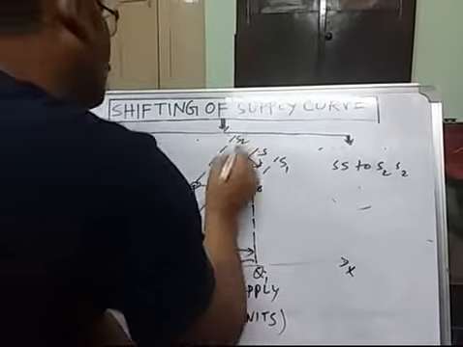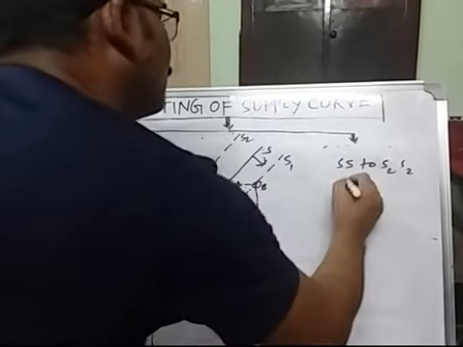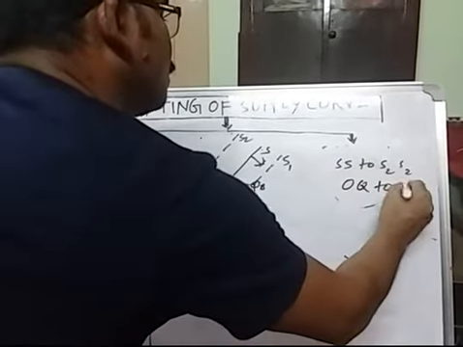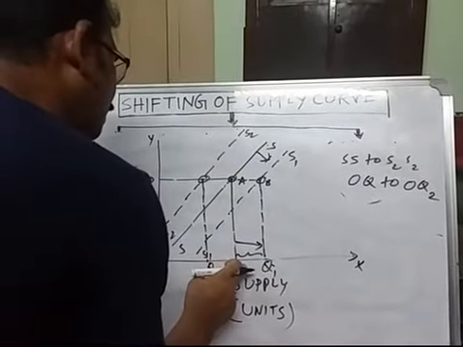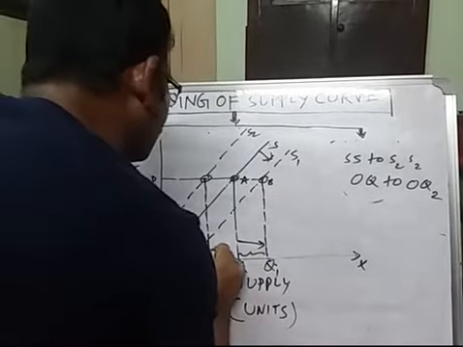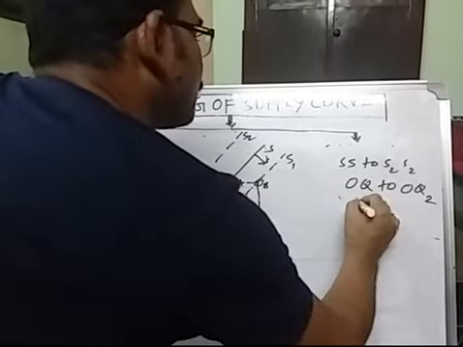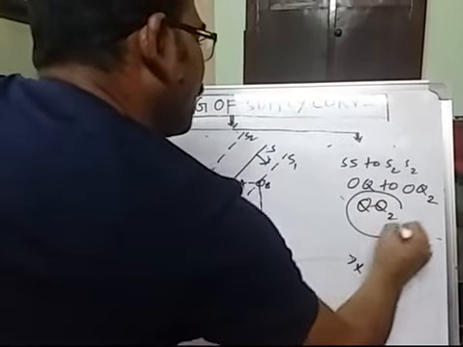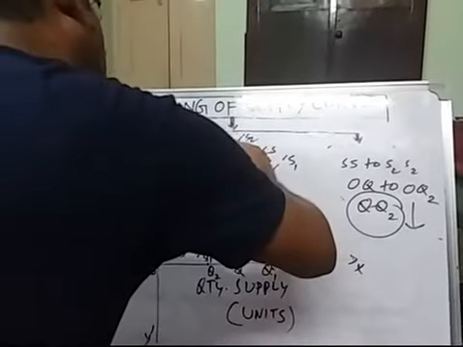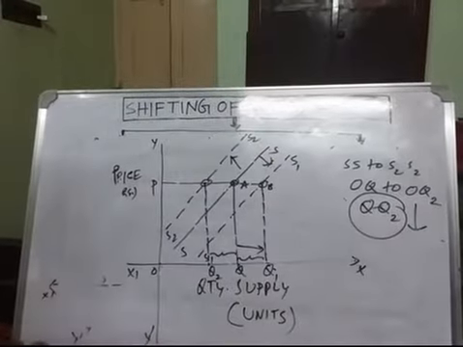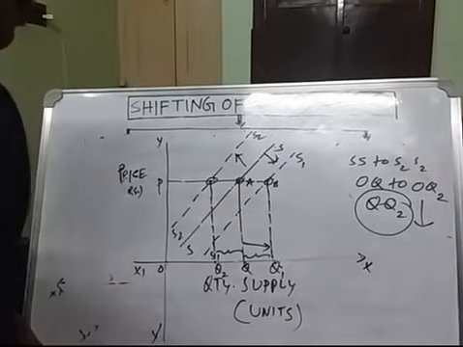SS to S2, quantity supply reduced from OQ to OQ2. That means Q2 portion of supply is reducing. This is the concept of the decrease in supply or the backward shifting of supply.